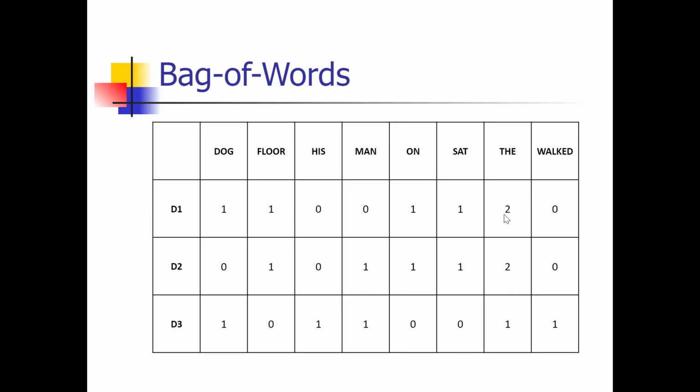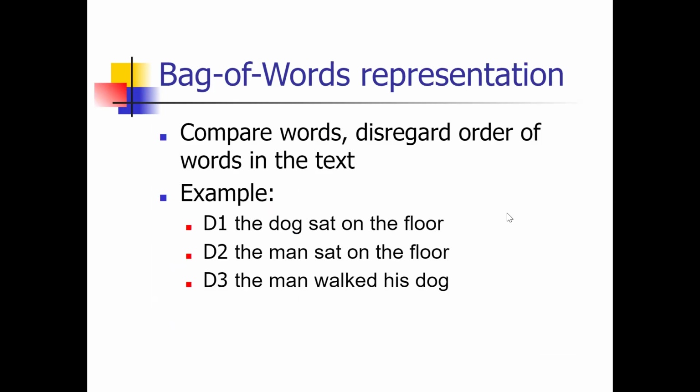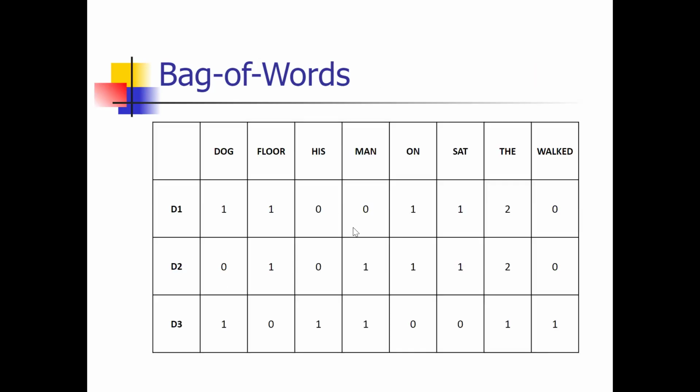All will be one, and the is applied twice in the document. Therefore, you can see the frequencies too, right? So we can represent it in this form.